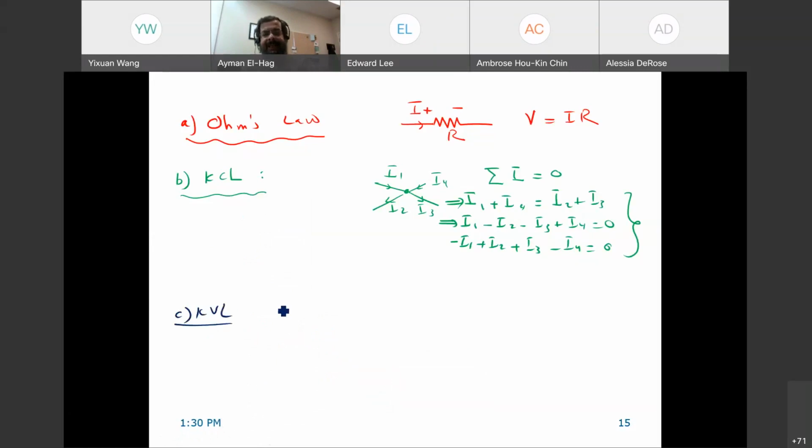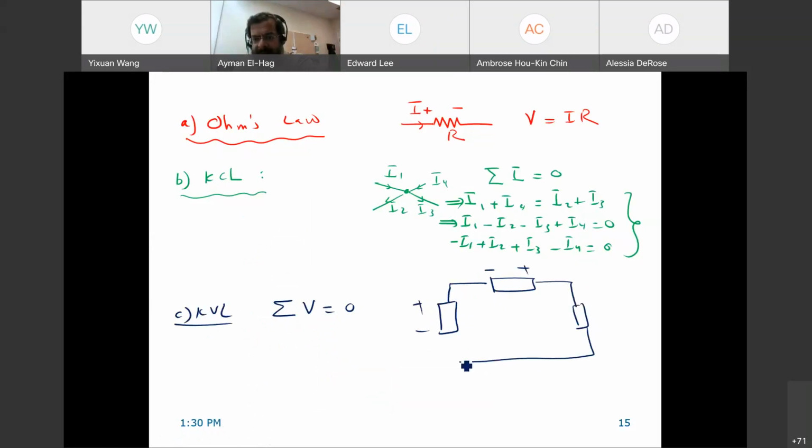KVL says that summation of voltages around the loop, it has to be a closed loop, equal to 0. So if I have something like this, I will not tell what is this now. We can talk about that later on, the polarity, I mean, how we assign the polarity, but assume we have something like this. And I will call this V1, V2, and V3.